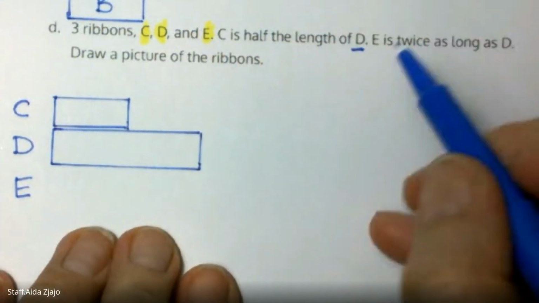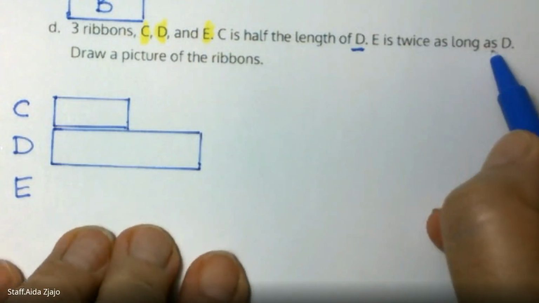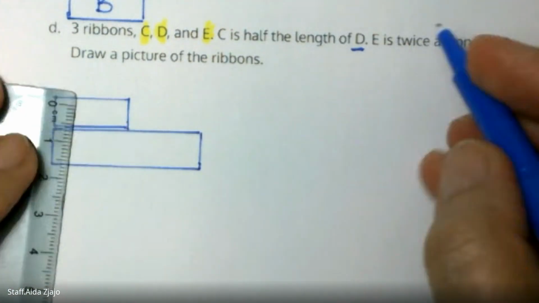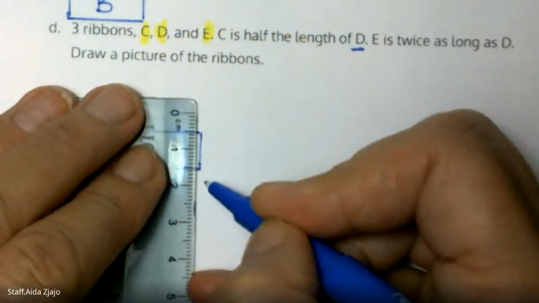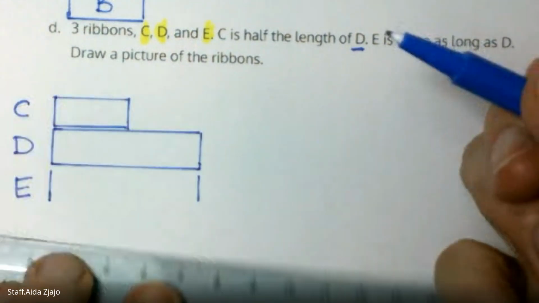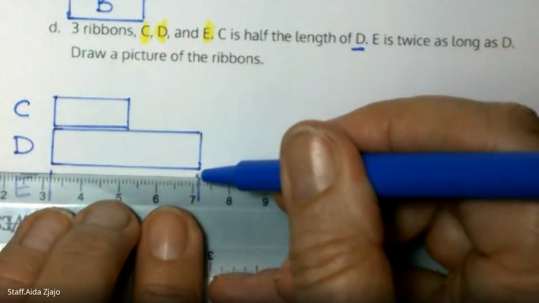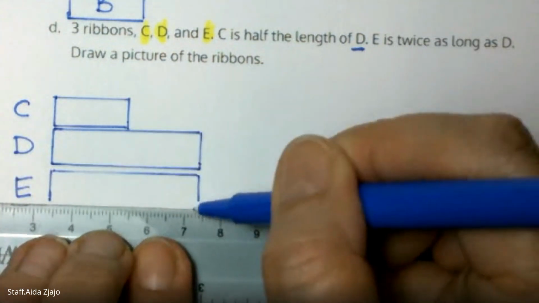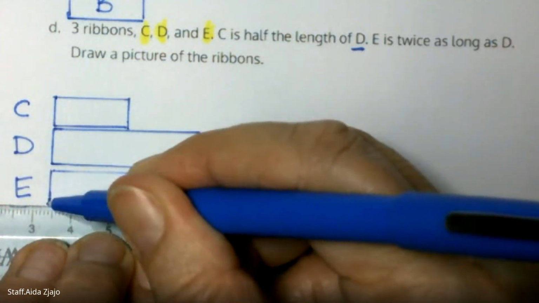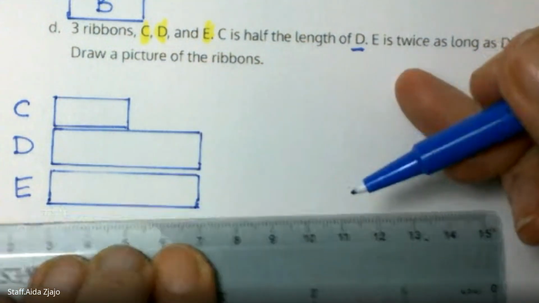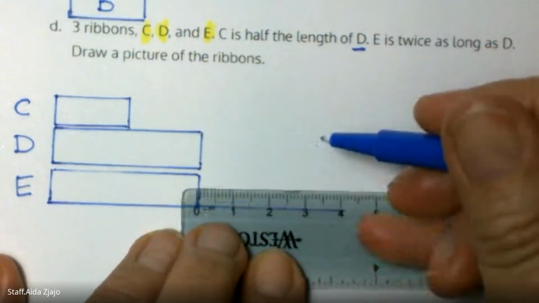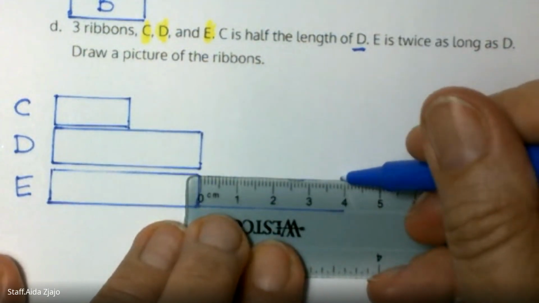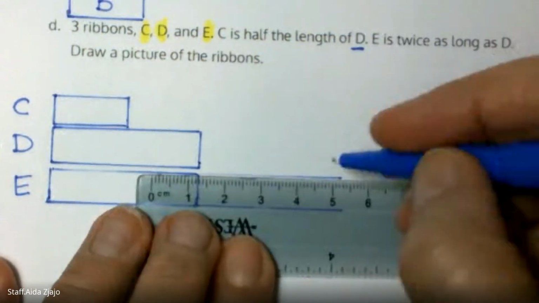And then E is twice as long as D. So twice as long as D. So if it's the same as D, that would be the same rectangular pieces, but it's twice as long. So we're going to do 2 more.